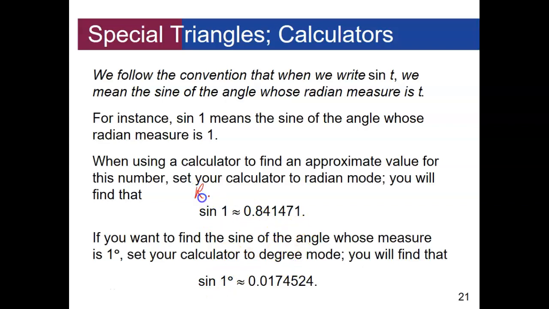Here you would want to be in radians because there's no degree symbol here, but on this one you want to be in the degree mode. And just remember that to get that in the degree mode, you're going to go to mode, which is to the right of the second function, and press that, and then you'll go down to where it says radian or degree and choose the appropriate one.